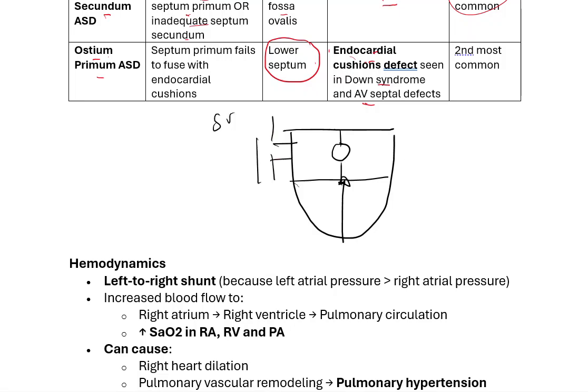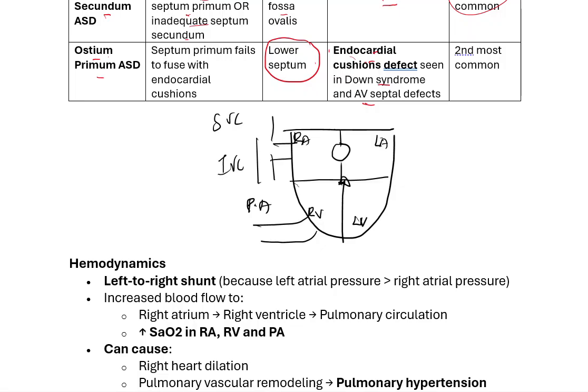This is our SVC, IVC. This is the right atrium, left atrium. This is going to be the right ventricle, and this the left ventricle. And then the blood from the right ventricle, like we mentioned, is going to go into the pulmonary artery.